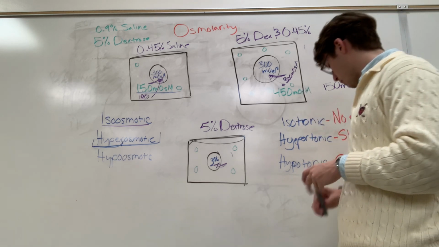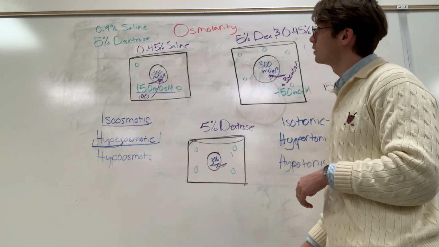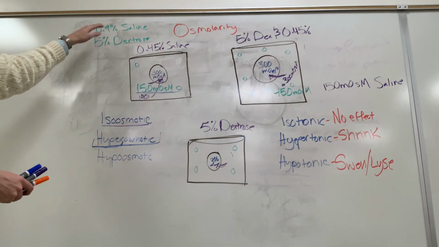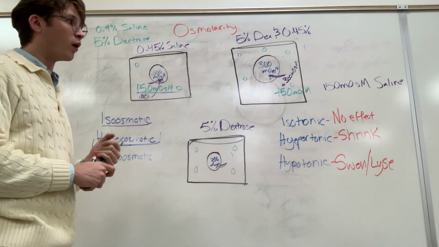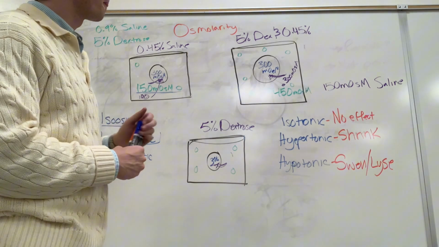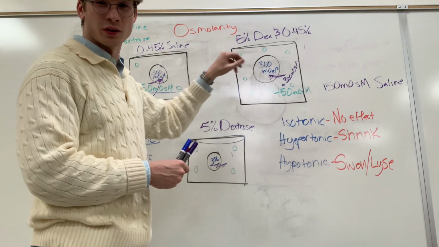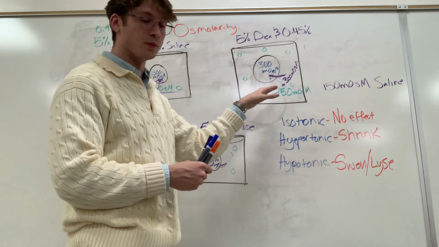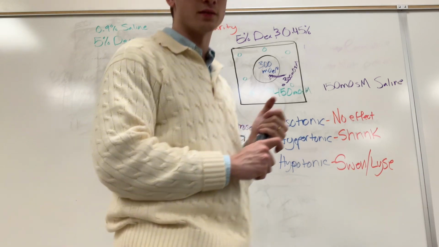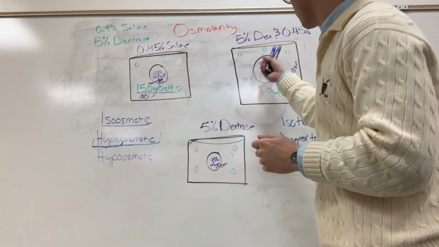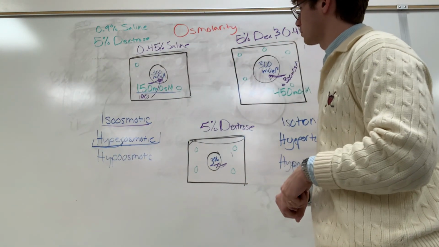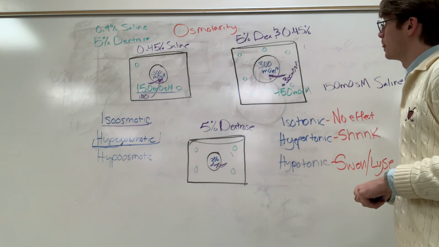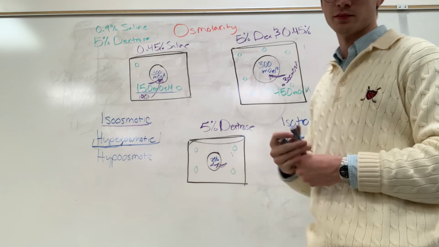Now, it's not drawn up here, but let's say if normal is 0.9%, we put a 1% saline solution into a cell that's 300 milliosmolar. We know we have more milliosmolar saline than the 300 milliosmolar that we have in the cell. So say that this 450 milliosmolar is purely saline, okay?